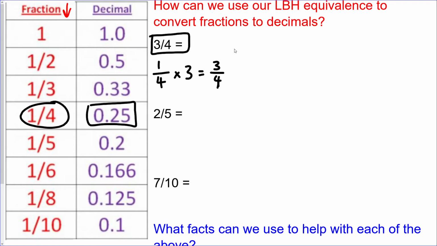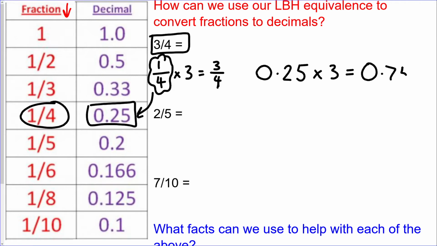So instead of writing my 1/4 here, I can substitute in 0.25. And if I do that, I can get 0.25 times 3, which would give me 0.75. So now I know that 3/4 is not only equal to 1/4 times 3, but it is also equal to 0.75.